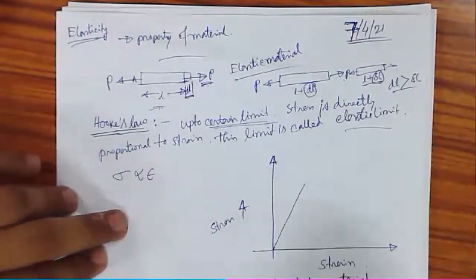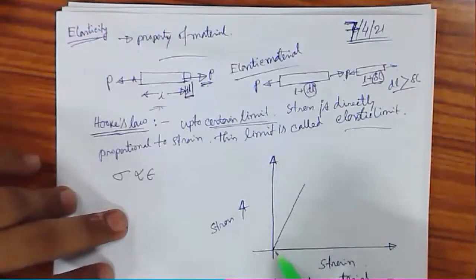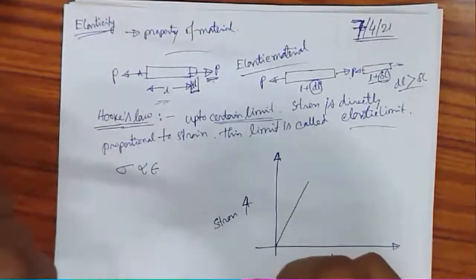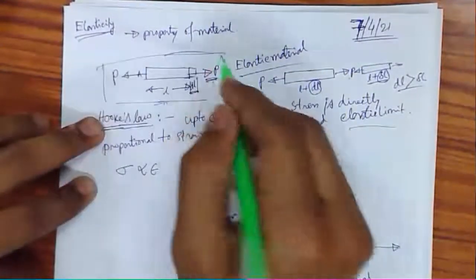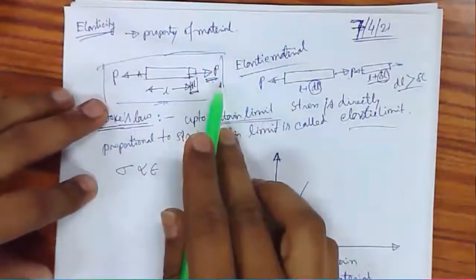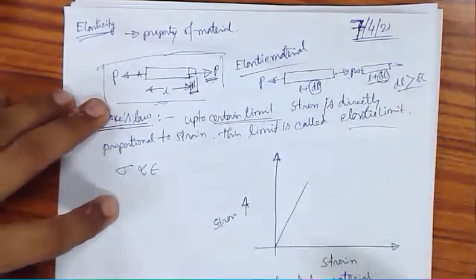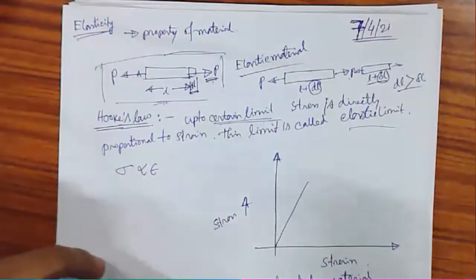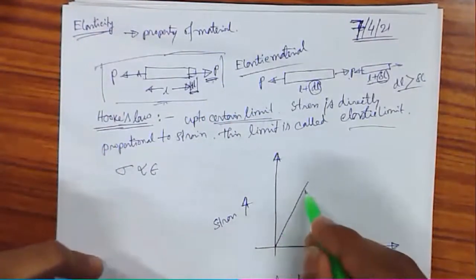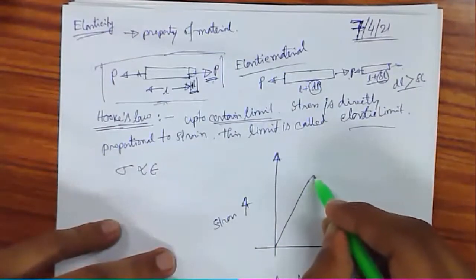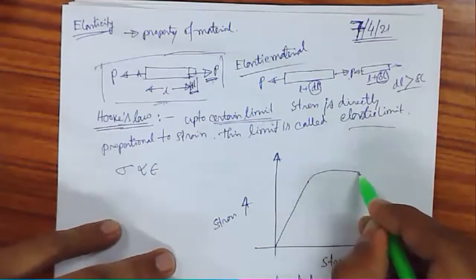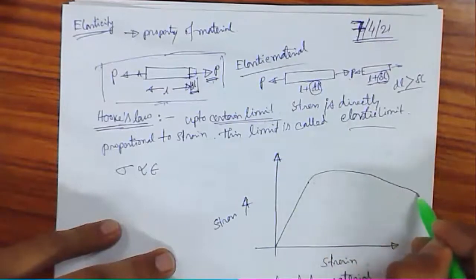So we are applying some force, just like this condition. We are applying longitudinal force, normal force, tensile force, and in ductile material we will find the curve will look like this.